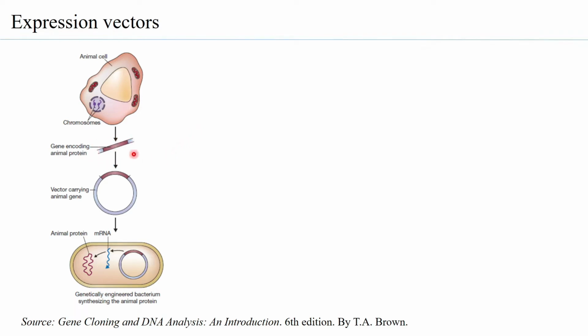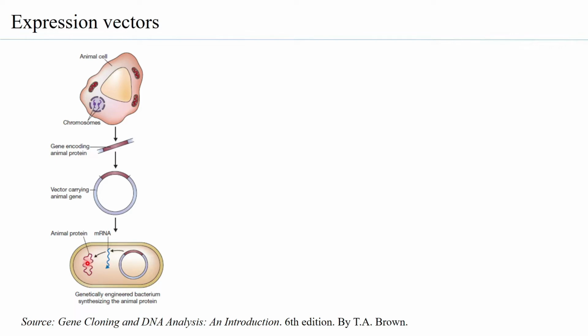Now that gene which gives rise to a product that is useful is cloned in a vector, and that vector is then transfected into a bacterial cell. Now that bacterial cell should be able to transcribe the gene of interest into its mRNA, and that mRNA in turn has to be translated into a product, that is a protein.